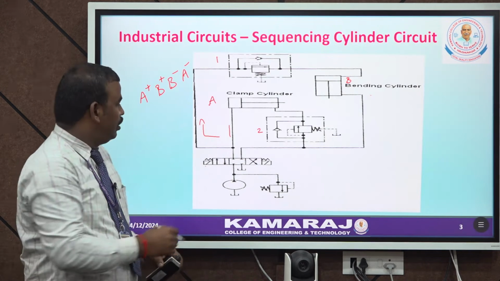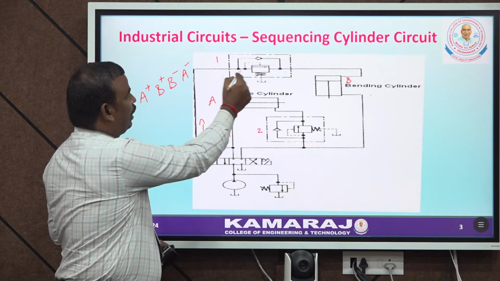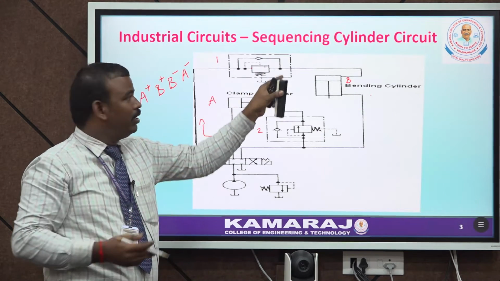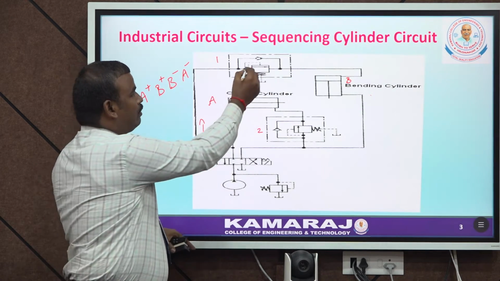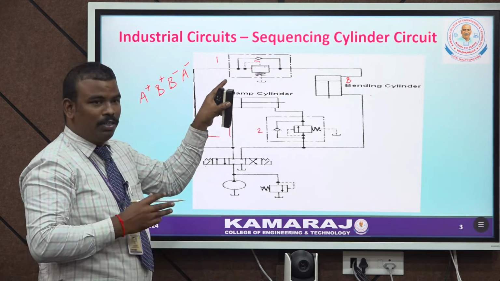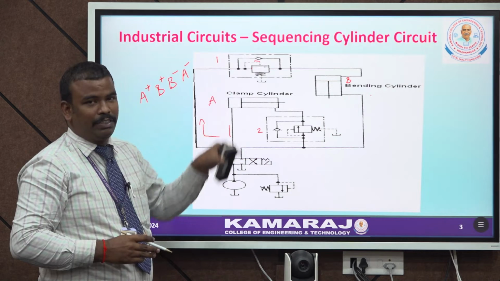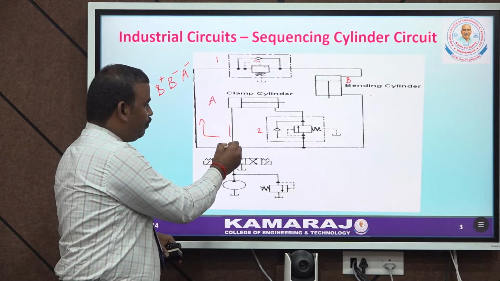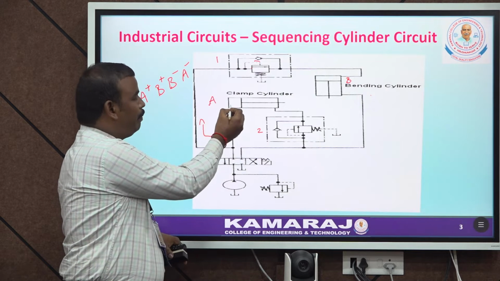At that time sequence valve 1 is in the normally closed position, so the oil does not flow through this passage, and the check valve is also in the opposite direction. So the oil only flows to the blank end side of the clamping cylinder.